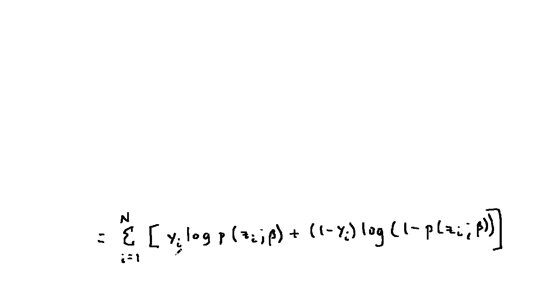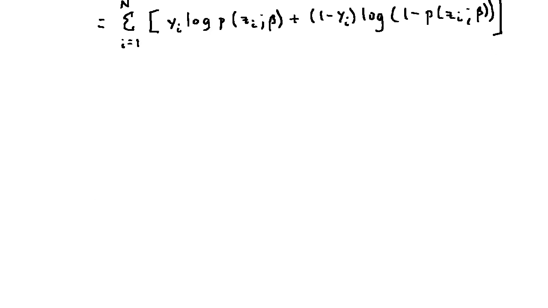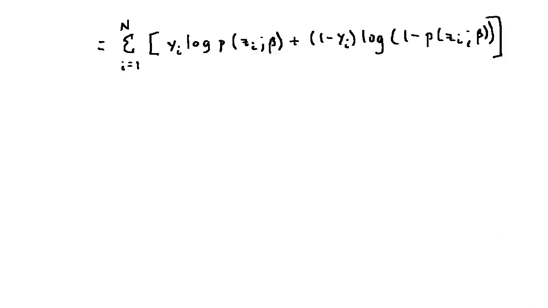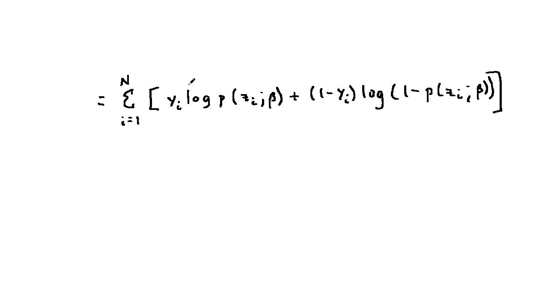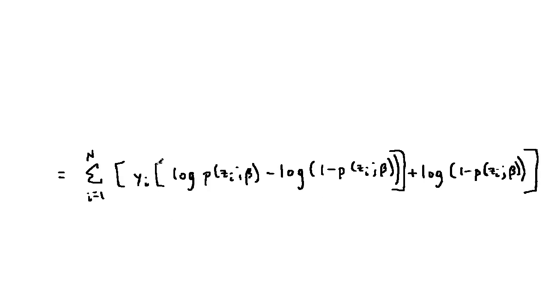And if yi equals 1, then what counts is this part. So that's why we can rewrite it this way. Okay, and that's equal to this. If we just combine the terms with yi in front, we would get this. So yi times all of this.